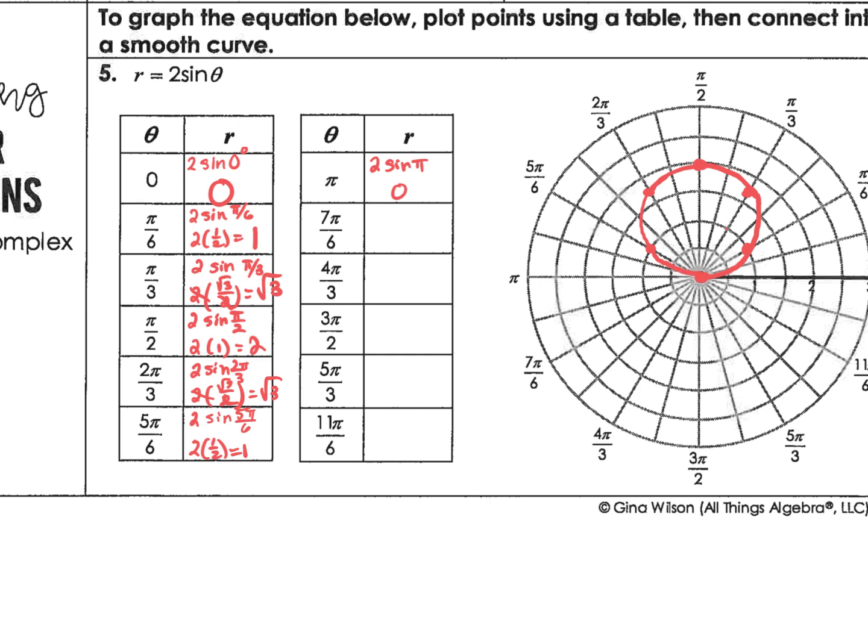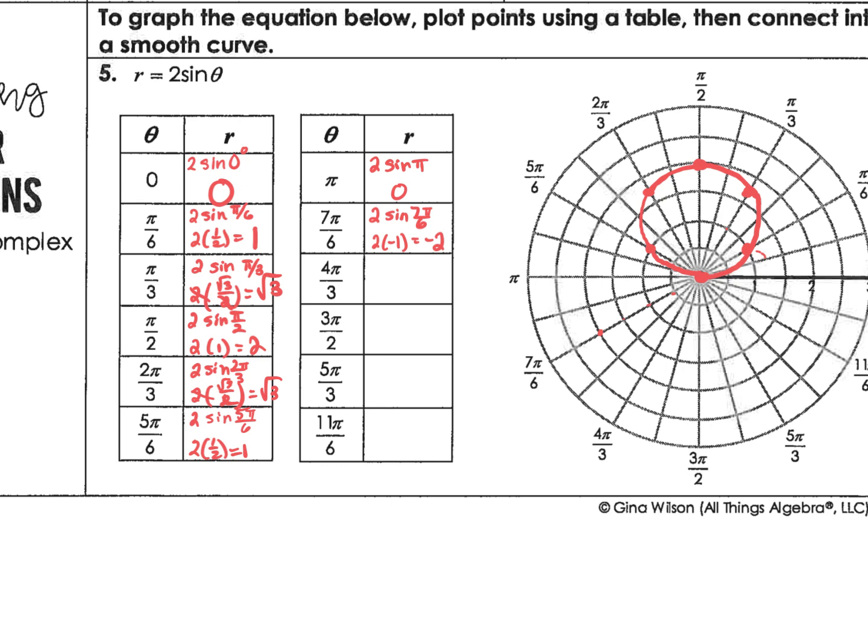Boom. Now, 7 pi over 6. 2 times the sine of 7 pi over 6 would be 2 times -1, which would be -2.